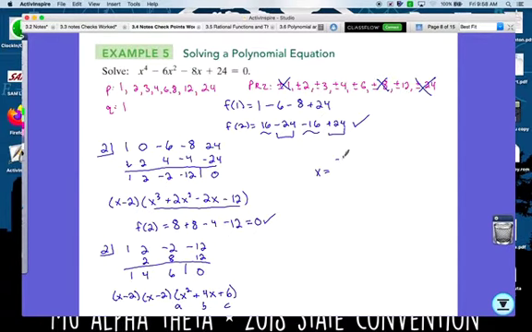X is equal to negative b, so negative 4, plus or minus the square root of b squared, so 4 squared, which is 16, minus 4 times our a, which is 1, times our 6, which is c, all over 2 times 1. So negative 4 plus or minus the square root of 16 minus 24, which gives you negative 8, all over 2.